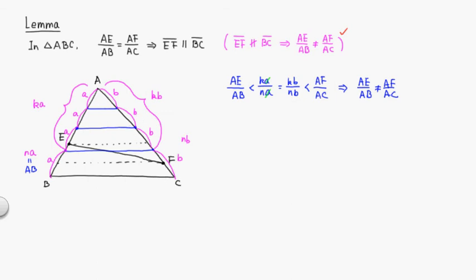Say E could be down here and F could be up here, then it might look something like this, and we just have to do a similar argument for that too. But anyway, lemma: if the ratio of AE to AB is equal to AF to AC, that will guarantee that segment EF is parallel to segment BC, right?